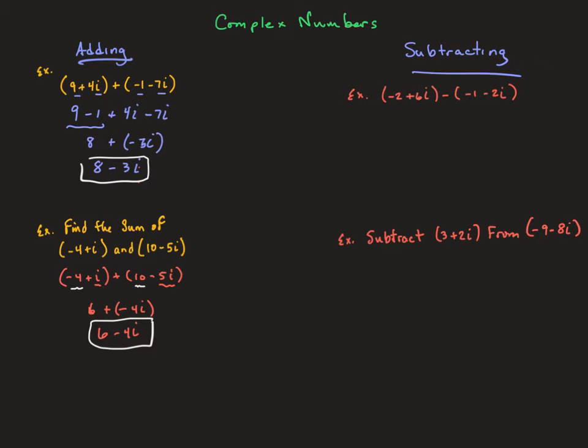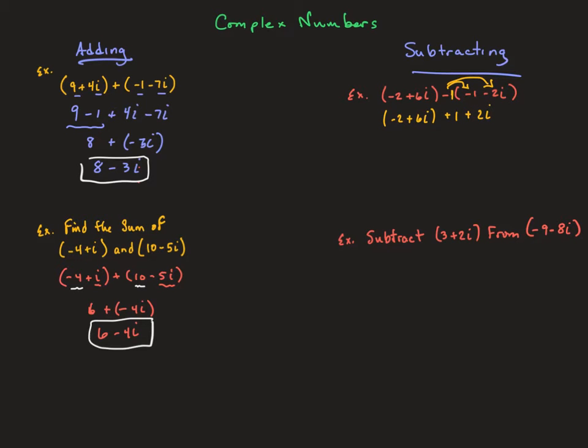Let me back this up a little bit to make sure you understand. I have negative 2 plus 6i, and this is negative 1 there, so I'm going to distribute that. I'm going to multiply everything inside my parentheses by negative 1. Negative 1 times negative 1 gives me a positive 1, and negative 1 times negative 2i gives me a positive 2i.